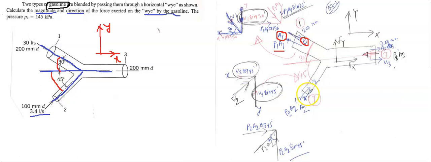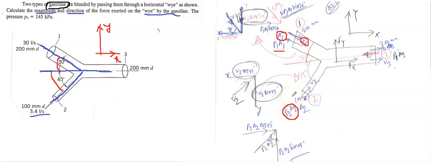Similarly, the velocity for section 2 we define as v2, the area is a2, and the pressure is p2. Then we have the pressure force p2 a2 here.